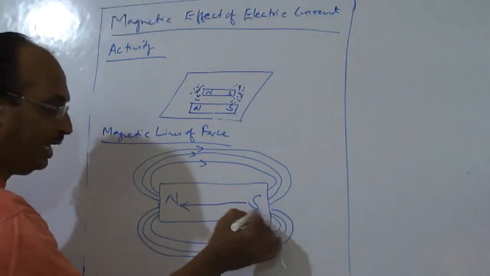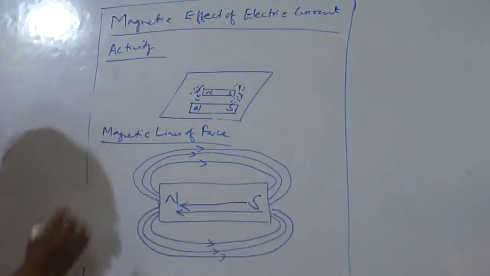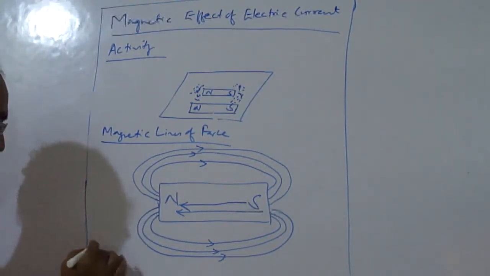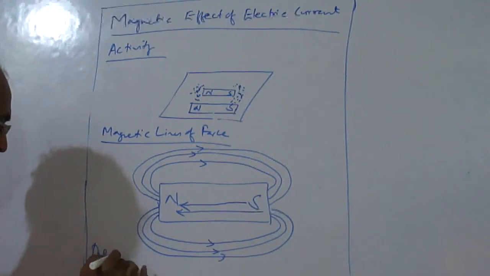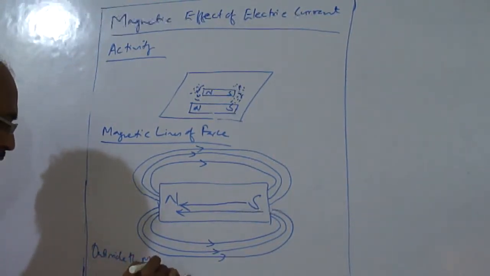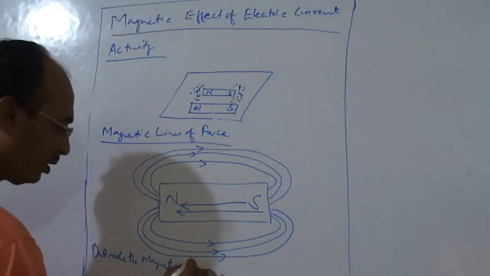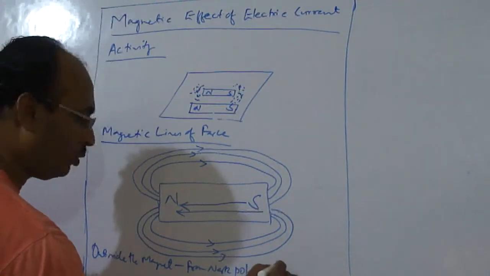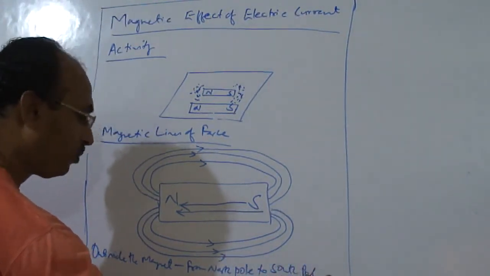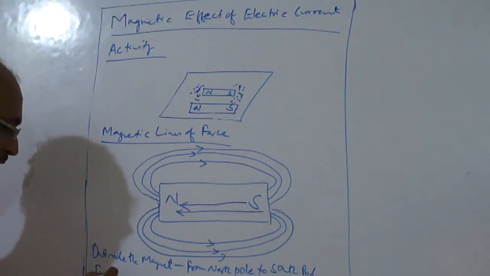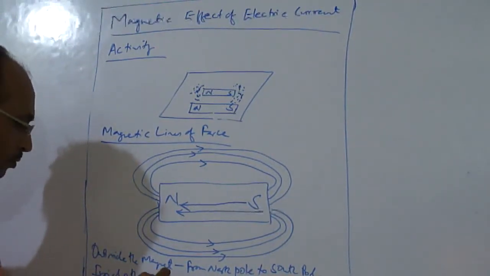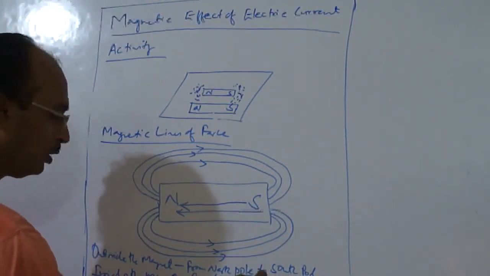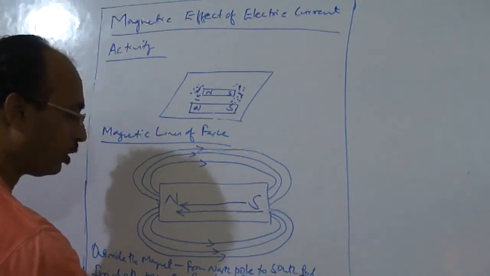Outside the magnet, the lines go from north pole to south pole, and inside the magnet from south pole to north pole.